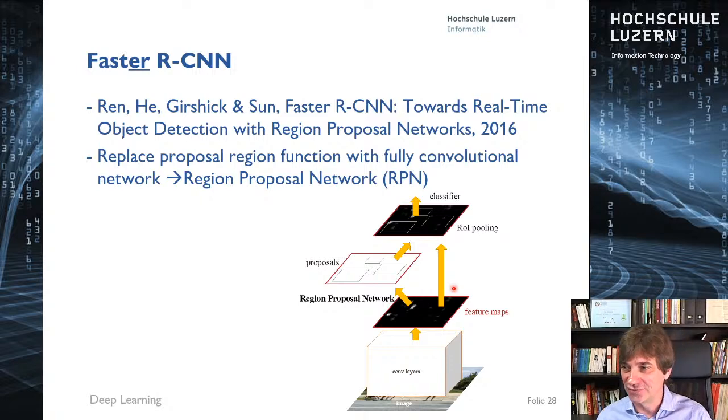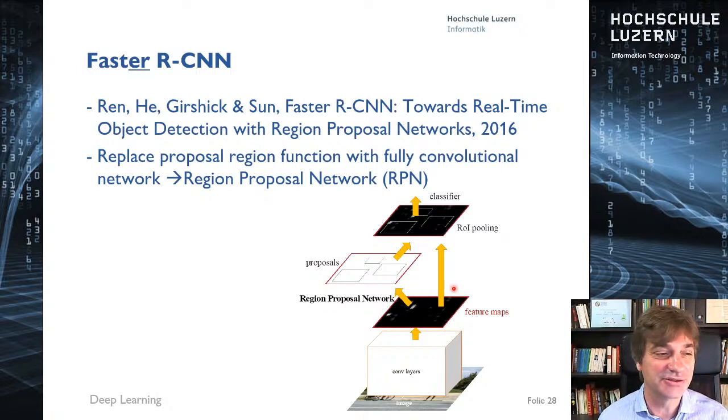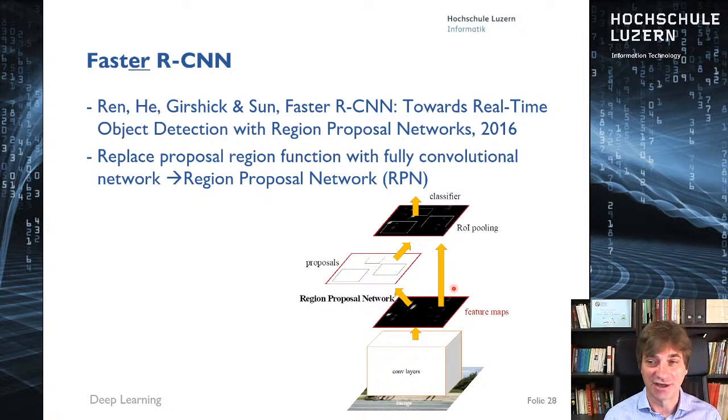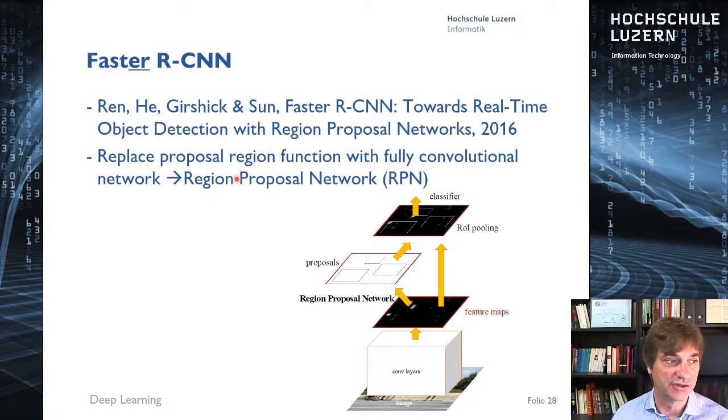Okay, so in this evolution of algorithms, what comes next? Well, you still have some other methods in your pipeline, namely the region proposal function, which is done by some other method. So can you also incorporate that in your structure using neural networks? And so this is the last of those approaches of this RCNN family called Faster RCNN, which replaces the region proposal function also with a fully convolutional network, using a region proposal network.